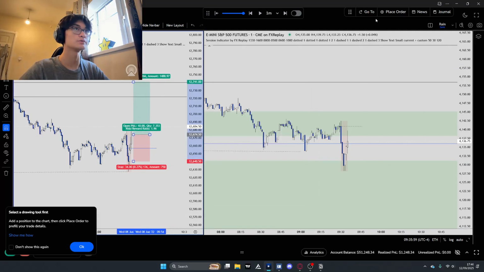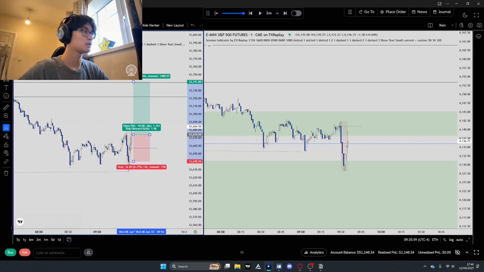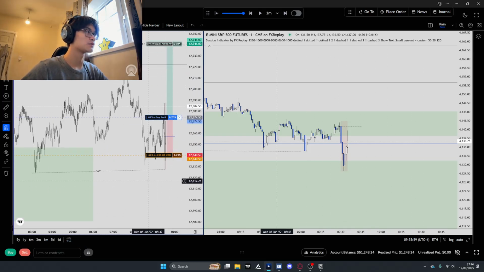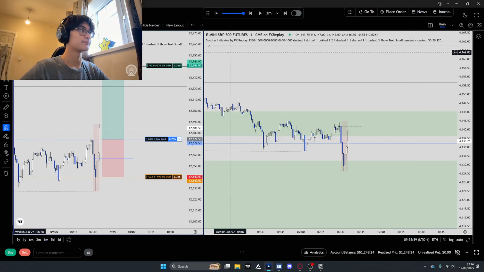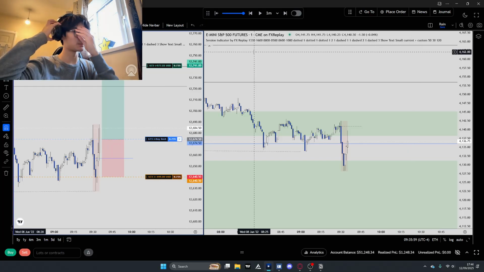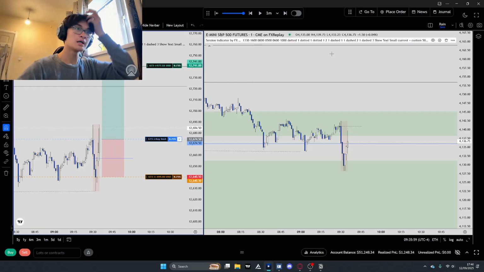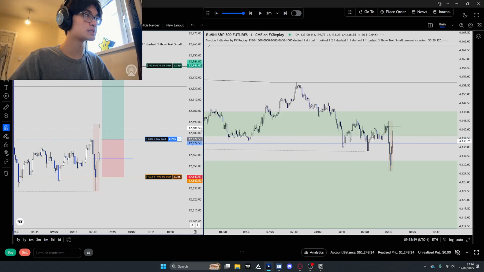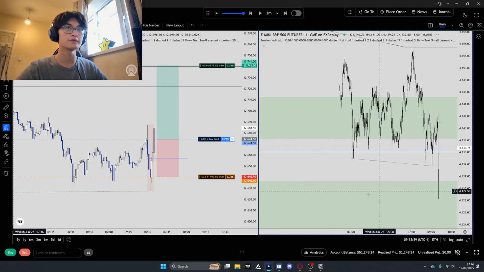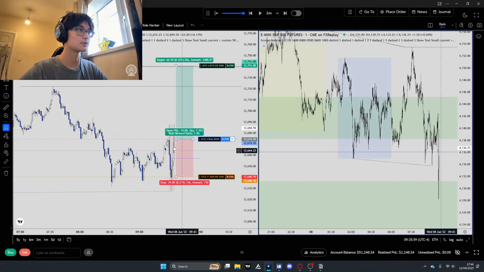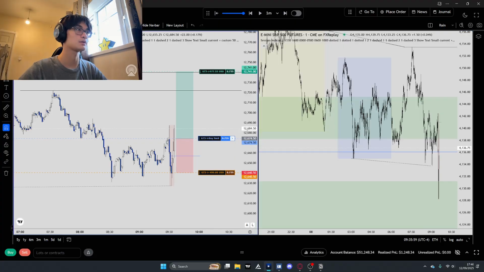Like, this is a model I'll take. I just, like I said, skip too fast. It feels like I'm doing myself a disfavor as well, because I was paying more attention to ES, but obviously NQ is stronger, so I need to look at which creates the order.